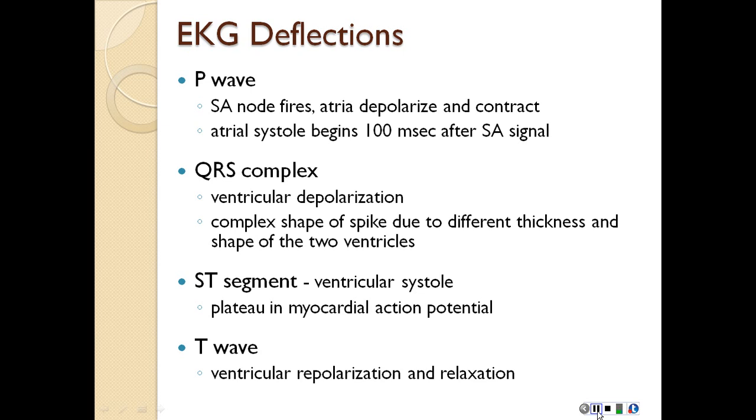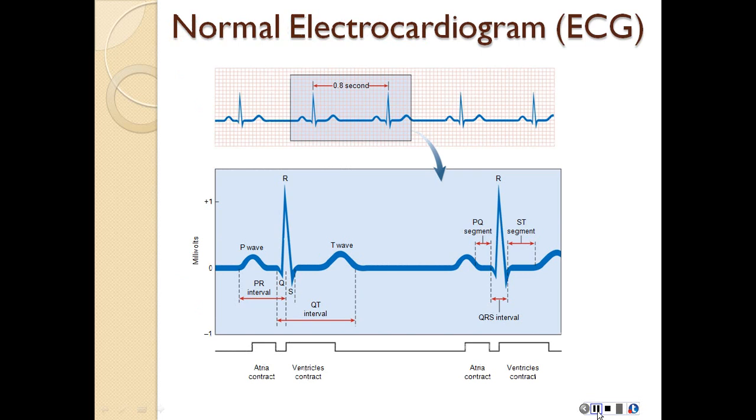So that would be after the QRS complex that you have ventricular systole. And then during the T wave, you have ventricular repolarization. Remember what that word means? Going back to resting potential. So the cells go back to resting potentials, and the ventricles relax.